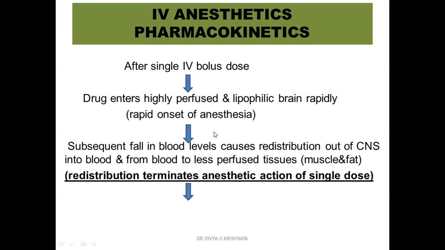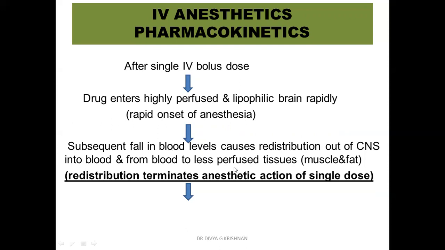Then what happens when the entire drug reaches the brain? What happens to the level of the drug in the blood? There is a fall in the blood levels, and because of this fall, there is a redistribution out of the CNS. That is, the drug comes out of the CNS into the blood, and from the blood it goes to the less perfused tissues like muscle and fat.